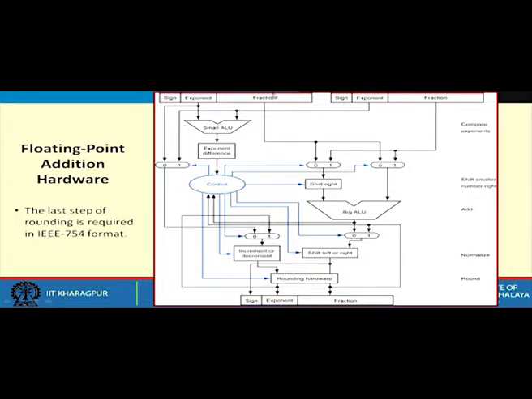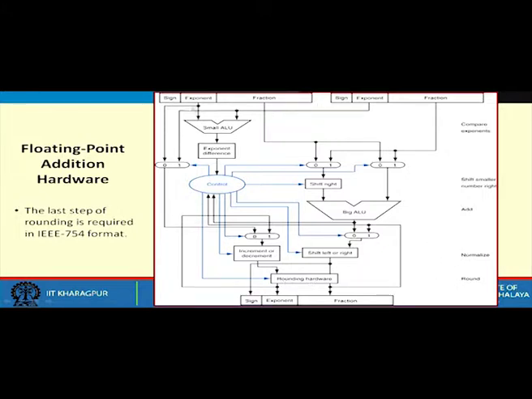After shifting, there will be a multiplexer to select the correct fraction. There is an ALU which carries out the addition, and after addition you have to do normalization. You have to check whether to increment or decrement, accordingly shifting left or right, and for the IEEE format you may have to do rounding in the last step. That step is also shown. This we have already seen earlier.